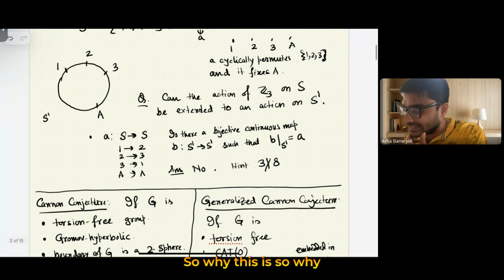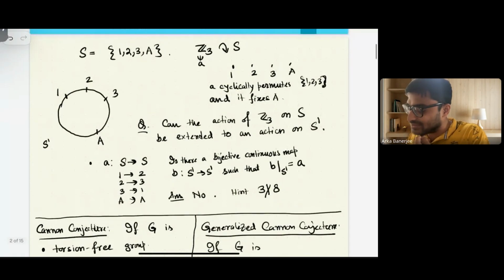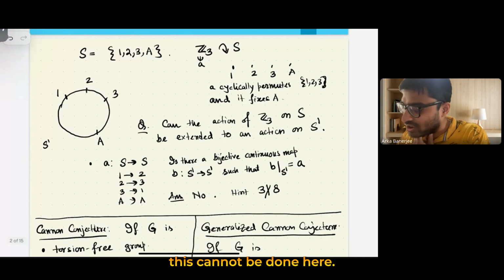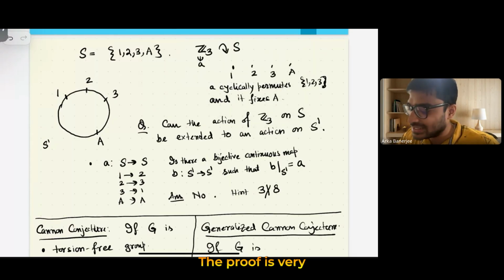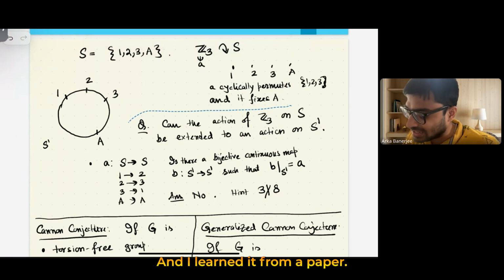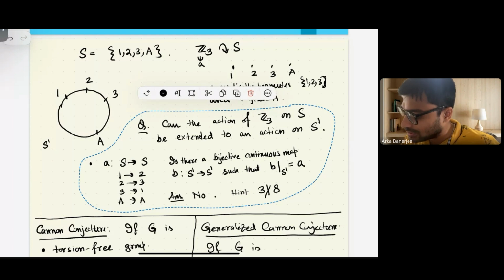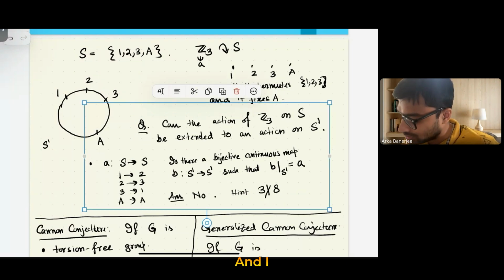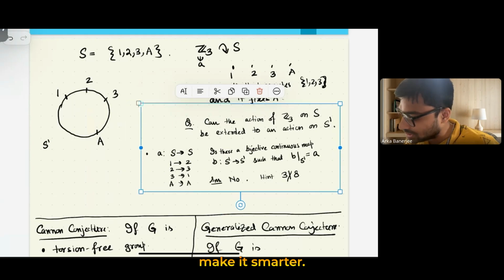So why can this not be done here? The proof is very slick, and I learned it from a paper. Can I make it smaller?